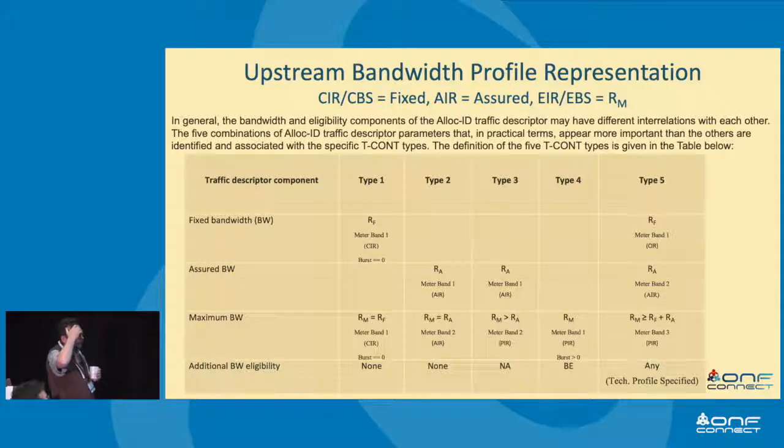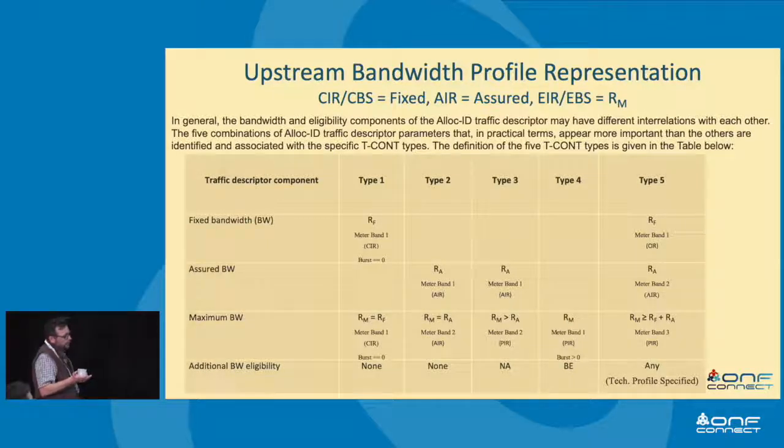And type 5 is basically a combination of all of those. So I can define a meter band for the fixed, a meter band for assured, and a meter band for the max bandwidth. And this other parameter that was kind of in the technology profile allows me to override this default mode of operation for the TCON type. So normally for type 1, type 2, there's no additional bandwidth given.